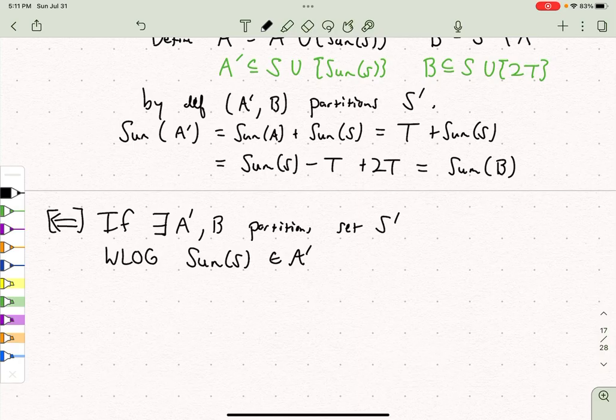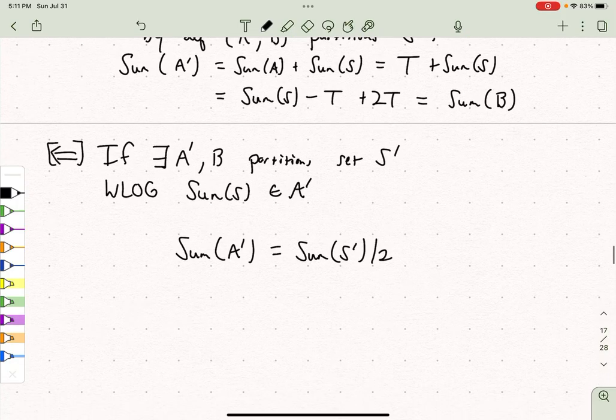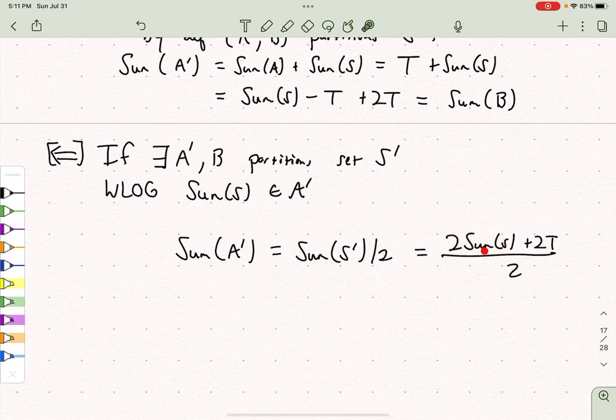What does that tell us? Well, by assumption, because it's a partition, the sum of A prime equals the sum of S prime over 2. And now again, what's the sum of S prime? This is just 2 times the sum of S plus 2t. Why? Remember, the sum of everything in S is the sum of S, so that gives you one of them. And then we actually have a number that is the sum of S, so both of them give you 2 sum of S. And then 2t is just a single number that we added.